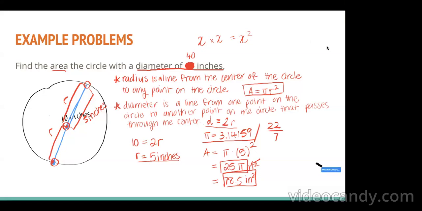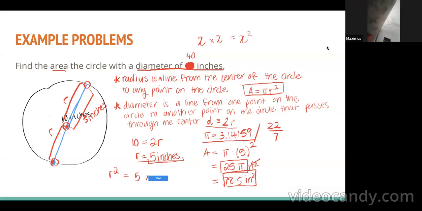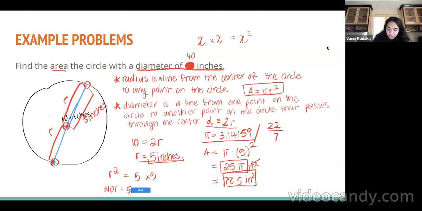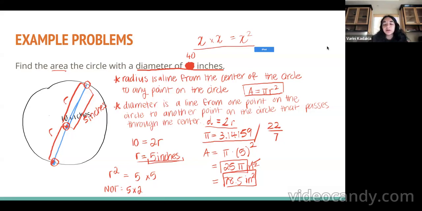Oh, so what I'm trying to say is, let's look at the previous problem we were doing where the radius was 5 inches. In order to get the radius squared, you have to do 5 times 5, not 5 times 2. That's basically what I'm saying. When you square a number, you need to multiply the number by itself, not by 2.